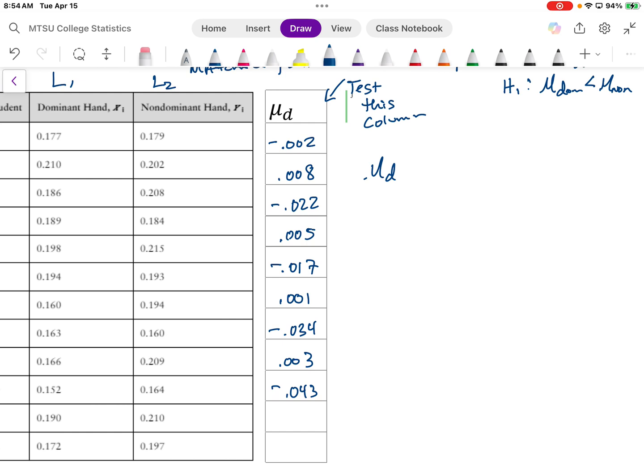And again, if you can't read one of my numbers, please let me know. All right, so we're just going to type that column into our calculator.